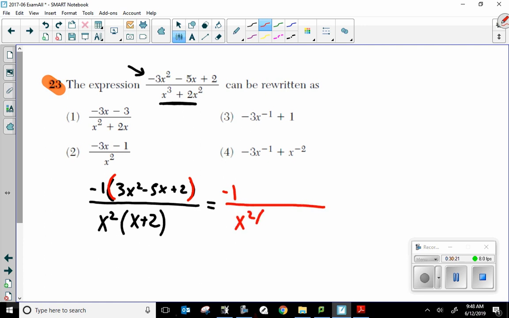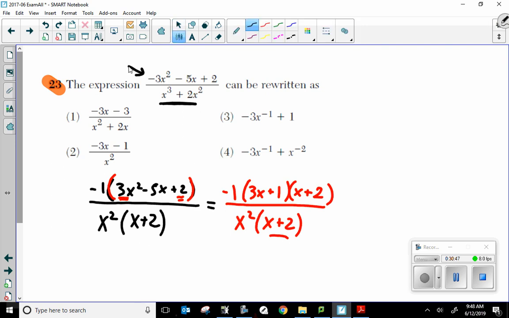The bottom is going to stay the same. But I'm going to do a guess and check. I know 3x times x is going to give me my 3x squared. Chances are, children, x plus 2 is going to cancel, which means 2 times 1 is 2 for the back. And if I FOIL that, I will absolutely get 3x squared minus 5x plus 2. All right? That is the factored form.